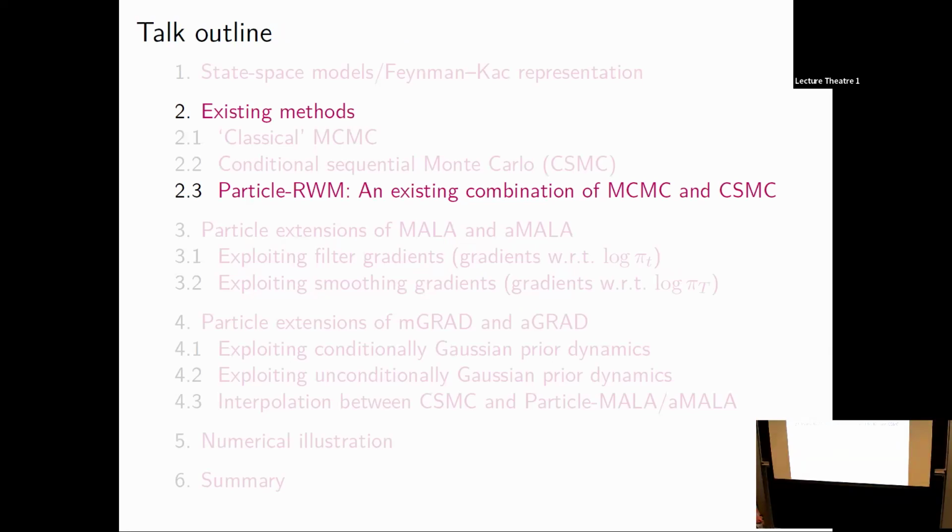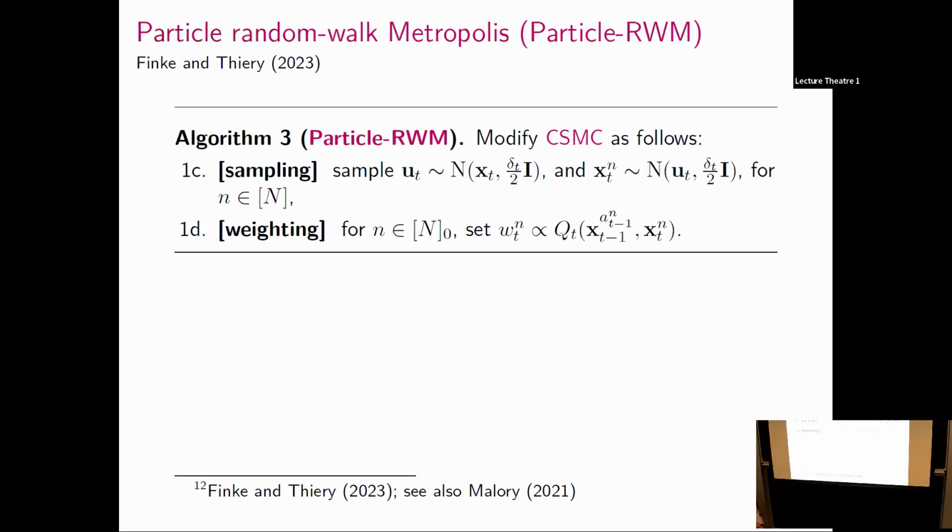So let's try to change that. There's an algorithm from a paper that we wrote a while back, which I'm calling the particle random-walk Metropolis algorithm here. It looks similar to the conditional SMC algorithm, which is why I haven't given you all the steps here. The main change is that now my particles are proposed differently.